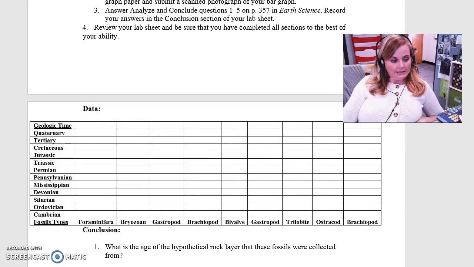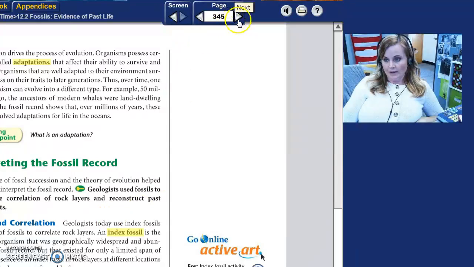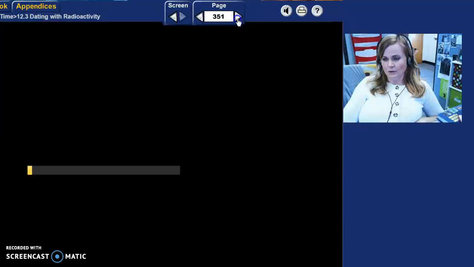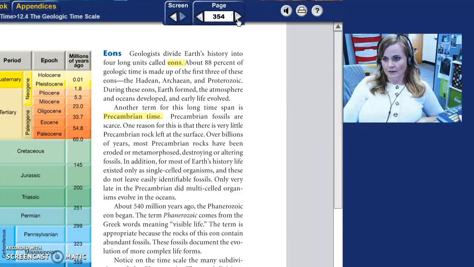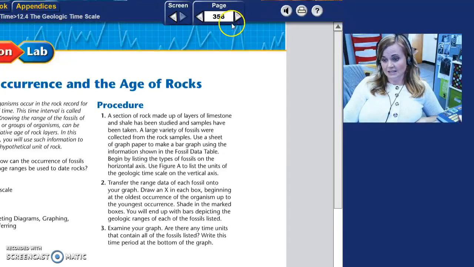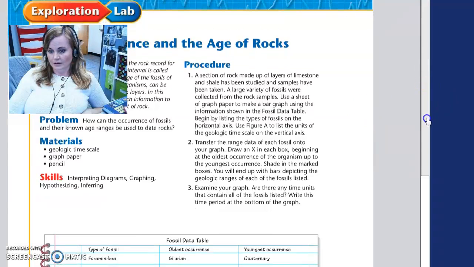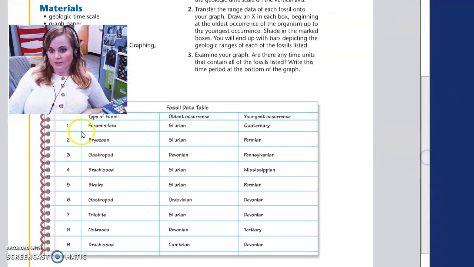So let's go back to the data in the book. We've got to go back to, forget what page, the 54 maybe? No, 56? Yes. So I need the data table here at the bottom of the screen. And let's start with the first type of fossil, the foraminifera.